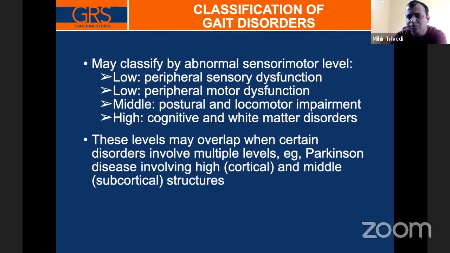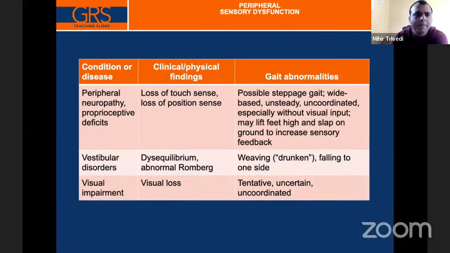There are 4 levels to that. Low is peripheral sensory dysfunction. Another one is peripheral motor dysfunction. Middle is postural and locomotor impairment. And the higher one is cognitive and white matter disorders. These levels may overlap when certain disorders involve multiple levels, like Parkinson's, involving cortical and subcortical structures.